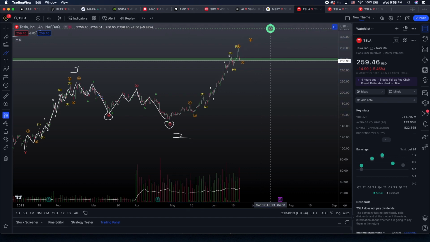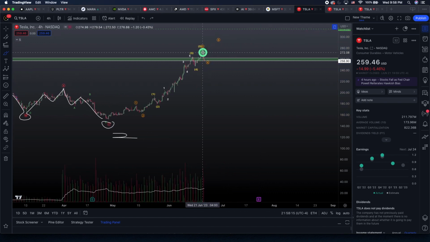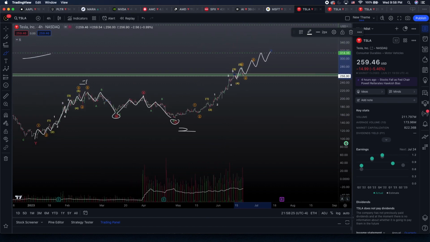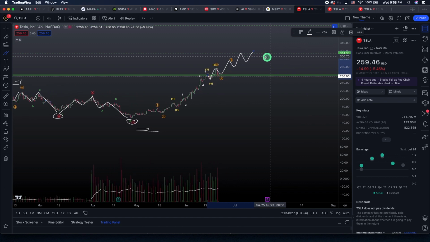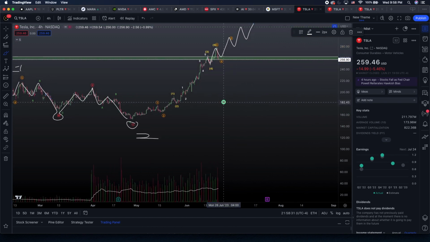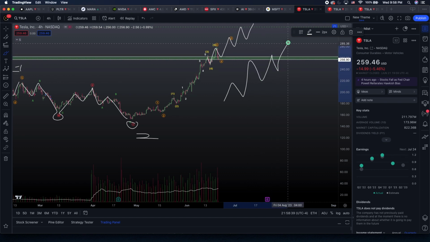So essentially we have all these 1, 2s, and now that we've completed the 3, 4, 5 over here, we should be getting 3, 4, 3, 4, 3, 4, 3, 4 to complete and close out this pattern. So moving forward, I think that we'll be having strong rally days like yesterday, and then pullback days like today. Strong rally, pullback, strong rally, pullback, right?